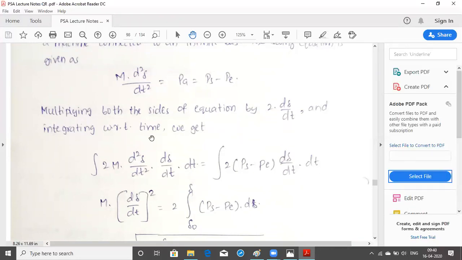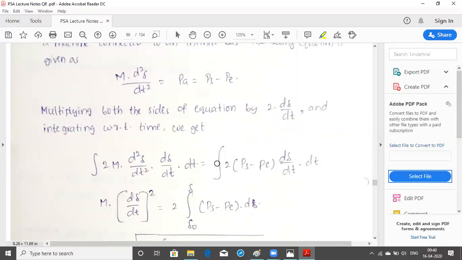Because you are applying integration with respect to d delta by dt and also with respect to time.